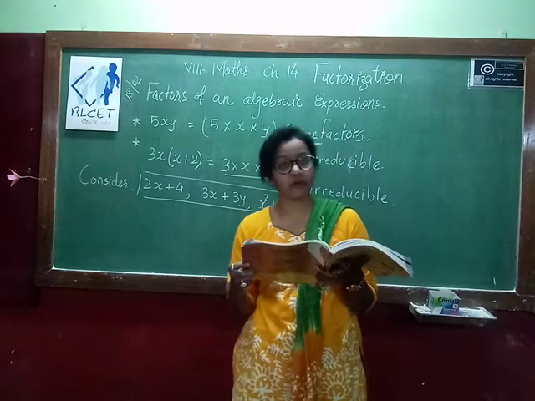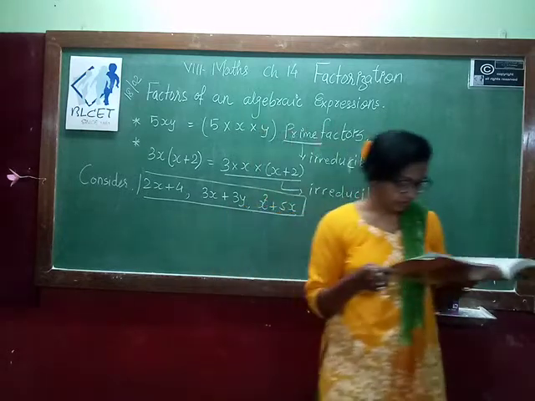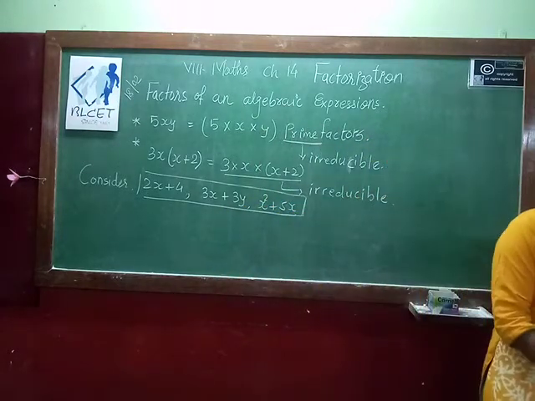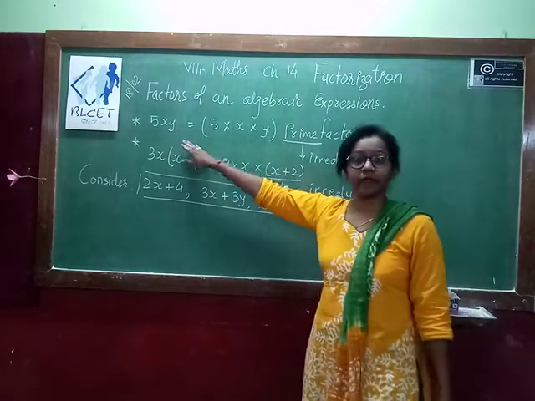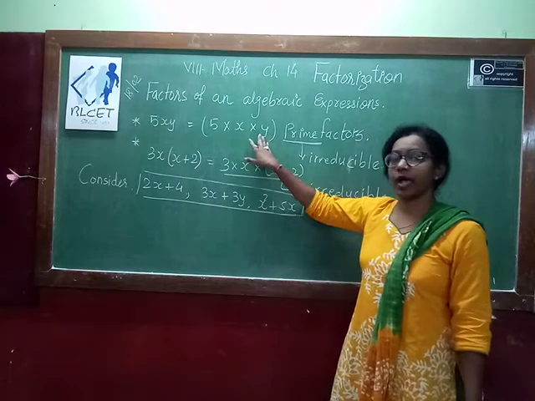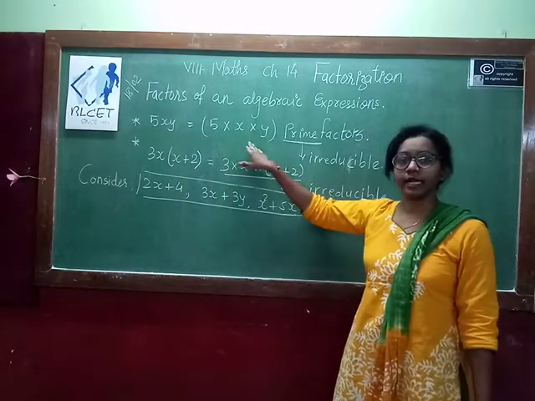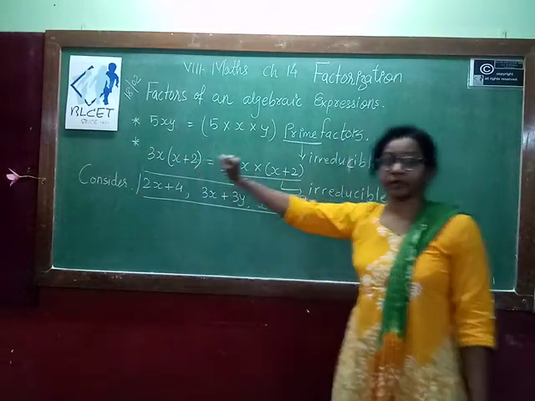Same way we have to find the factors of algebraic expressions. So I have mentioned some algebraic expressions. For example, 5xy. If you want to find the factors of 5xy, we can write 5 into x into y. So 5, x and y are the factors of 5xy.